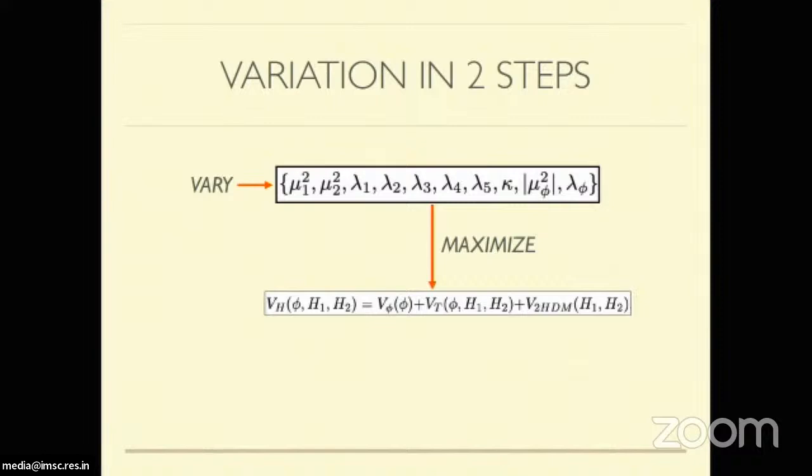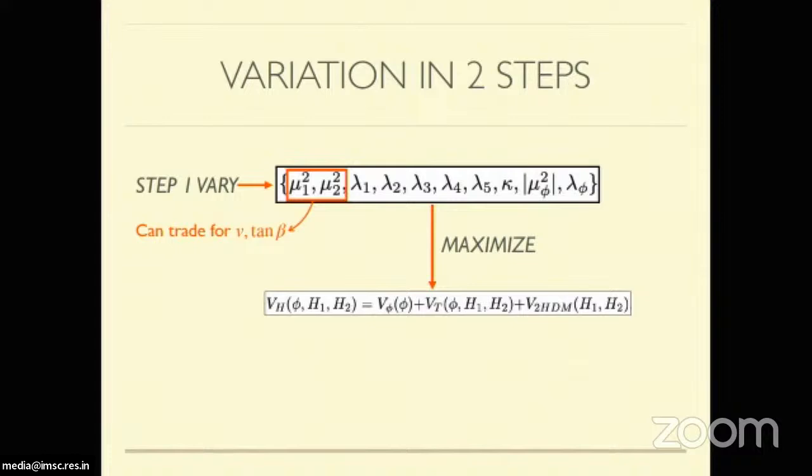Now, most of the main part of the work in this paper was to look at this 2HDM potential, phi plus 2HDM, minimize it, find the vacuum energy, and then vary the parameters to find where the vacuum energy peaks. We can do this in two steps. First, we varied mu1 squared and mu2 squared. Varying mu1 squared and mu2 squared is like varying V1 and V2, the minimization conditions.